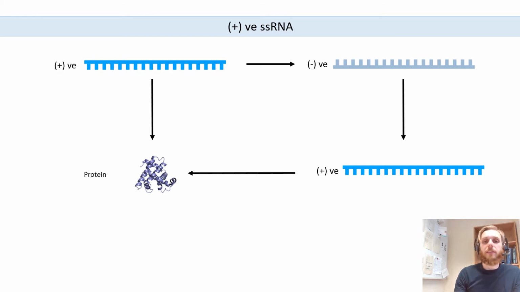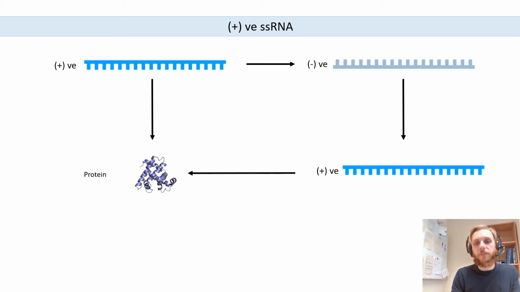And it's clear to see how, if you have a fixed amount of genome coming into the cell within the virus, which you do have, this fixed amount can be used to make lots and lots of negative strands. There's no reason why you can't have a single positive strand being used to produce more and more copies of negative strands. It's just the RNA polymerase going over and over again.